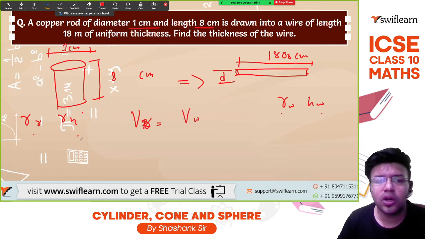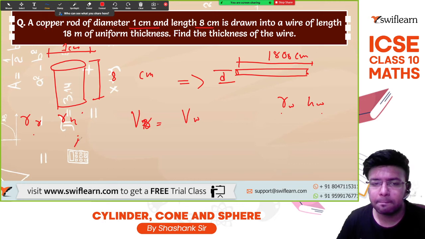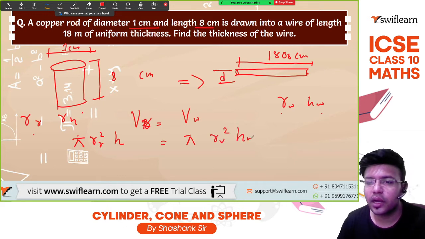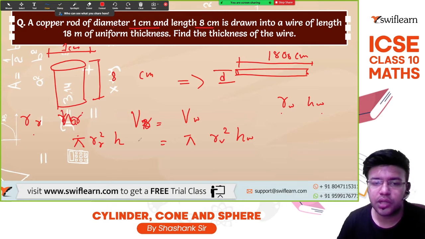Volume of the rod is given by pi RR square HR. This is given by pi RW square into HW. Now pi gets cancelled.